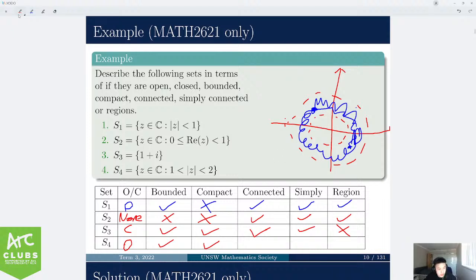But notice this is not going to be simply connected because we have a huge gap inside over here. So we have a cross for simply connected. And this is going to be a region because it's an open set with none of its boundary points. And these are the answers.